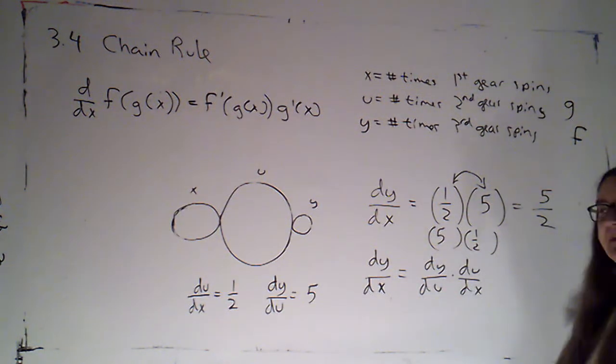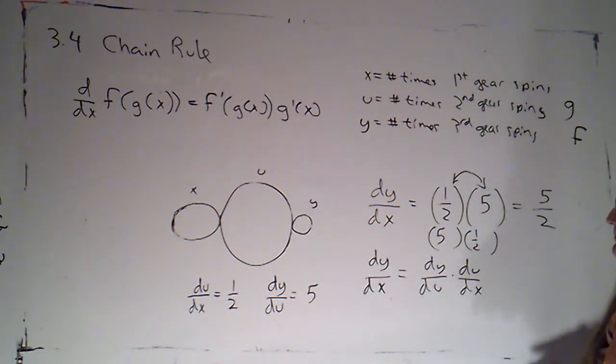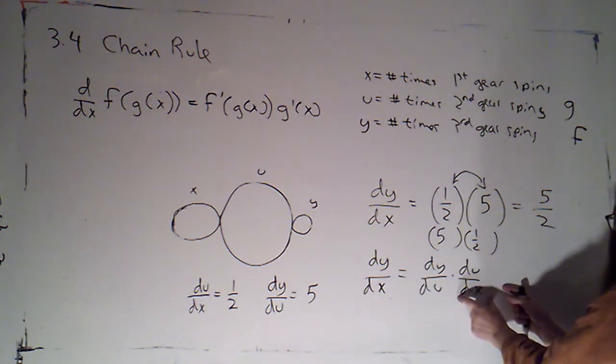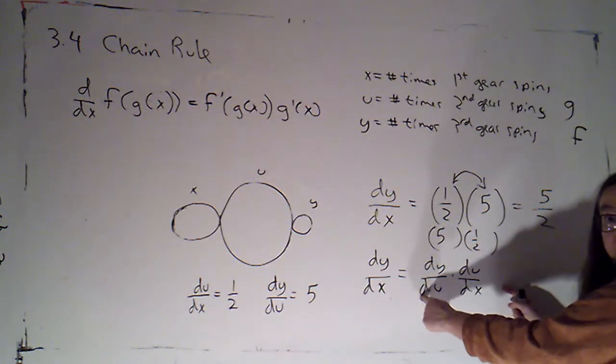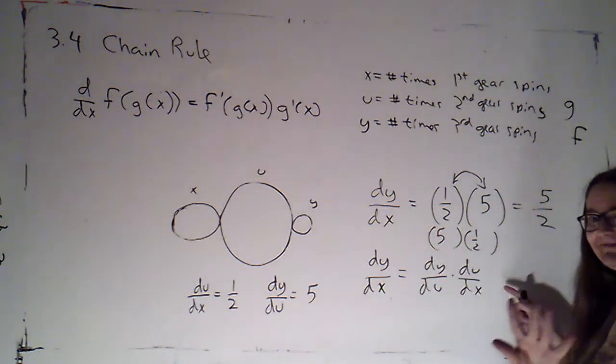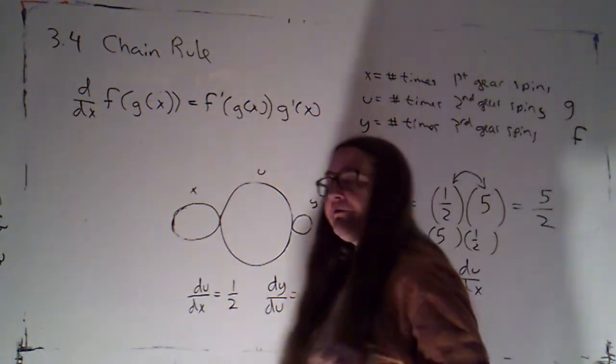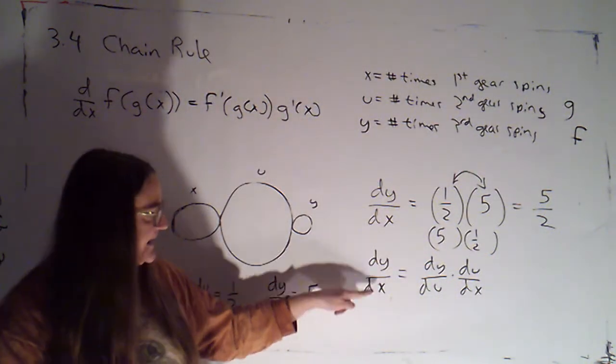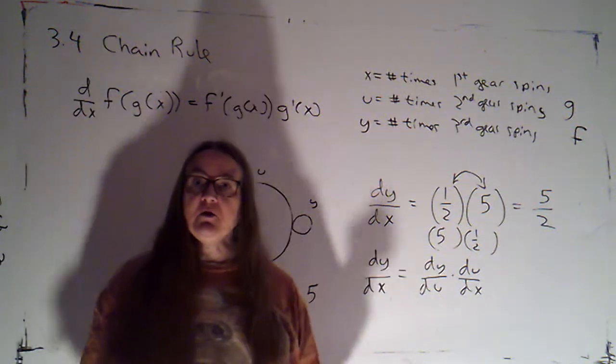Here I've just written things using differential notation. It looks like we're saying, hey, this fraction is just the product of these two fractions, and those du's will cancel. Wrong.